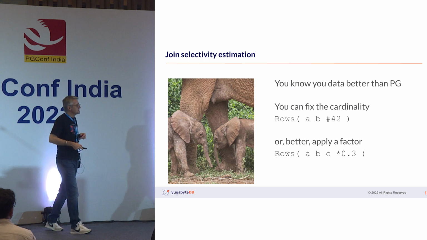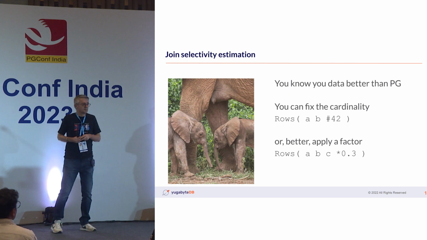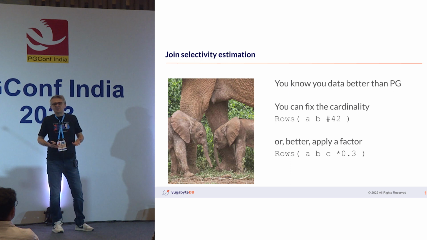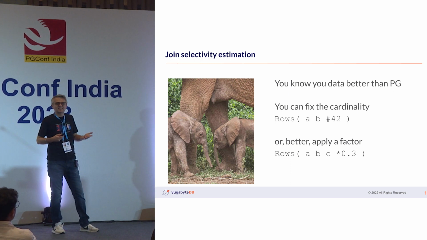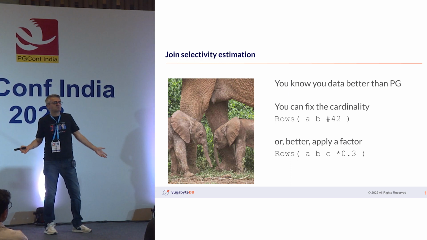So for example, there is a rows hint where you say, when you join from A to B, instead of your estimation, which I think is bad, just take it as if there are 42 rows, because I know it.